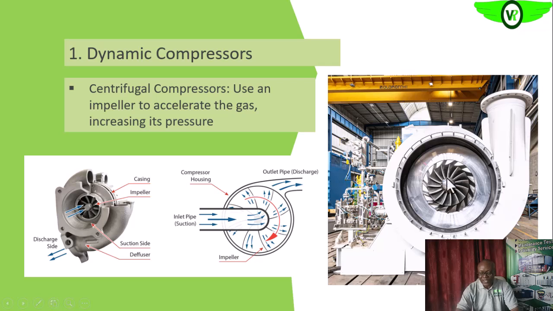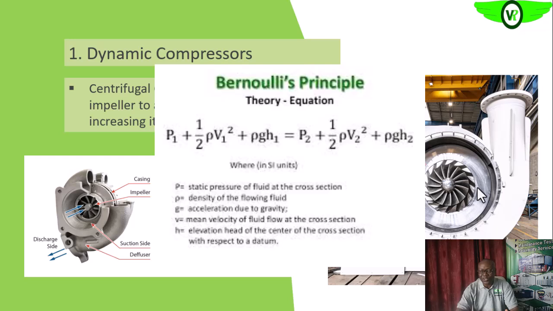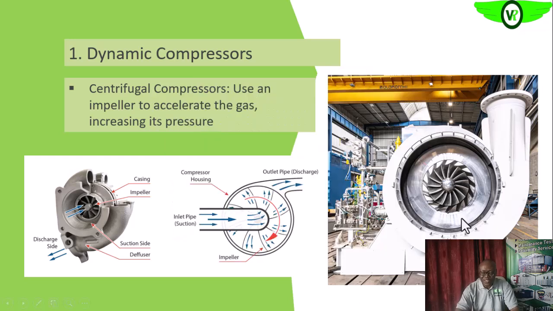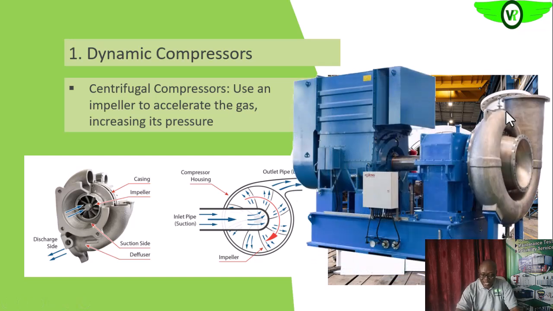So that fast moving gas molecule, as you can see here, on impinging on the walls of this casing, is momentarily slowed. And in applying Bernoulli's principle, that reduction in velocity will cause an increase in pressure. So whatever comes out from the discharge here will be of increased pressure, or the pressurized gas.